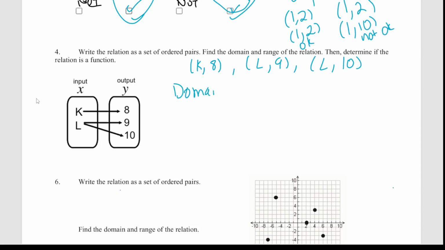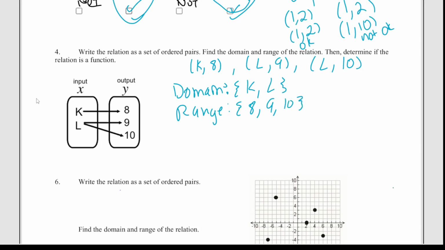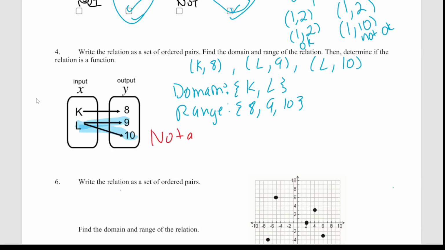Our domain would be both k and l. Our range would be 8, 9, and 10. And our problem is exactly what's already been highlighted here. We have l, the input, going to 2 different outputs. Therefore, it is not a function.